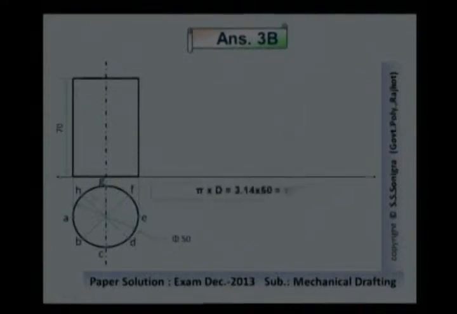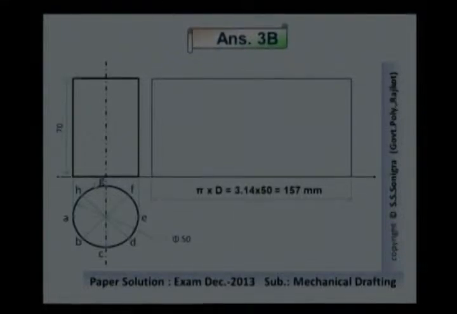Now, as we know, if we develop the outer surface of the cylinder, it would be a rectangle as shown over here, like this. The outer periphery of this cylinder would be a rectangle having width equal to the periphery of the circle and height equal to 70 mm.